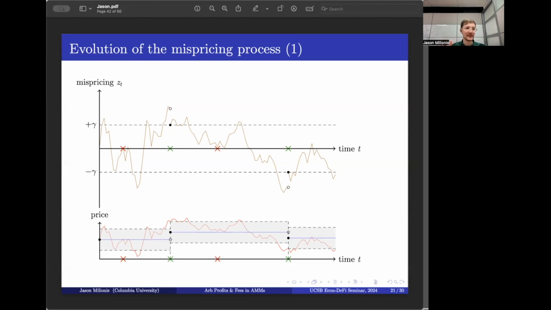That is the fee that they obtain. So their marginal profit is zero. What you see on these green instants, let's focus again on those, is that the mispricing at that moment is going to have exceeded the fee. They're going to trade that back into exactly the fee boundary. So that's the effect that you'll see.